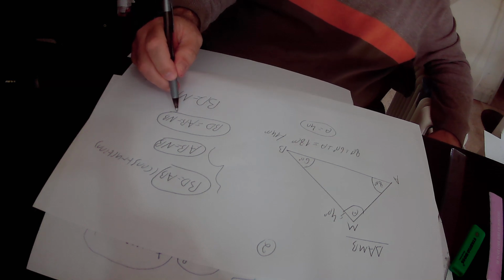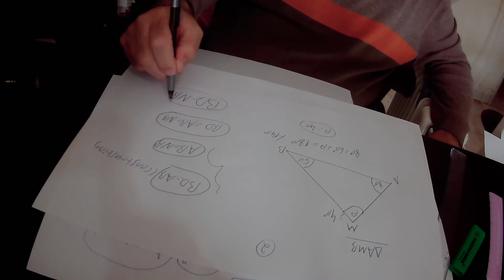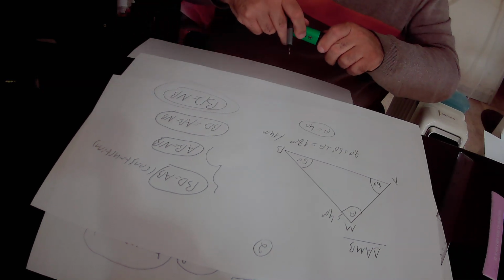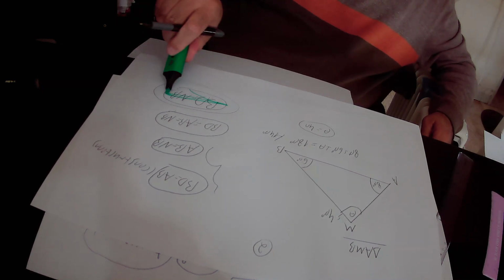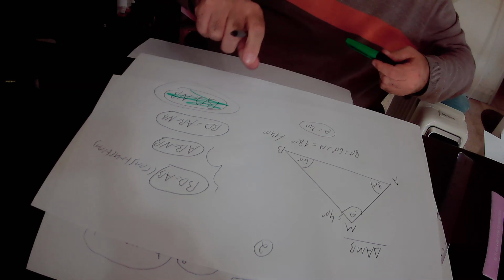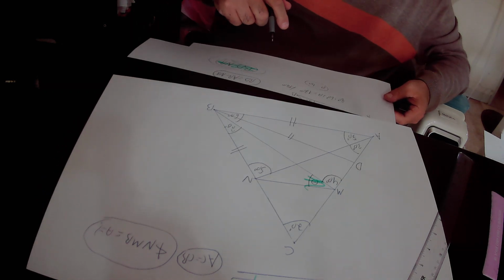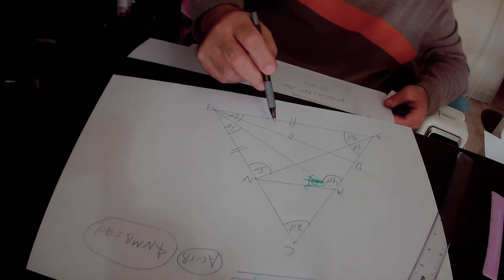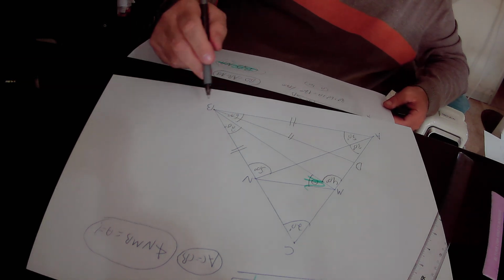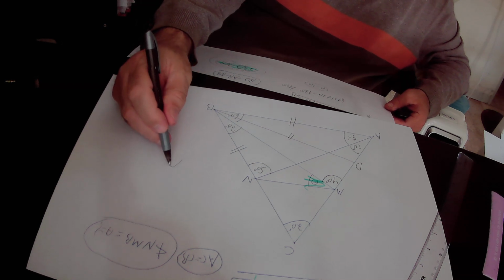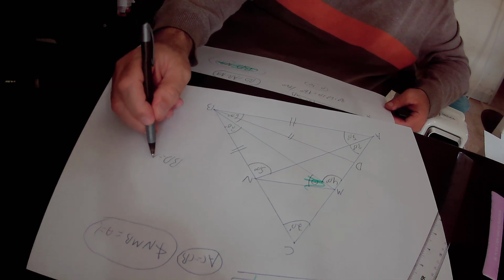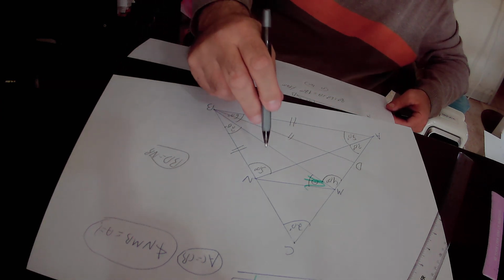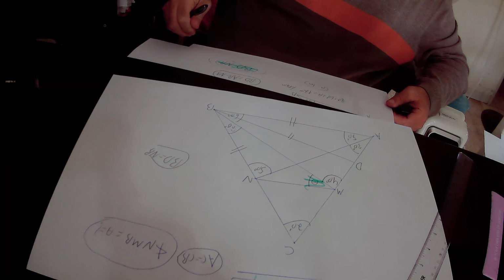Okay, BD equals NB. Write it down here, and here also: BD equals NB.